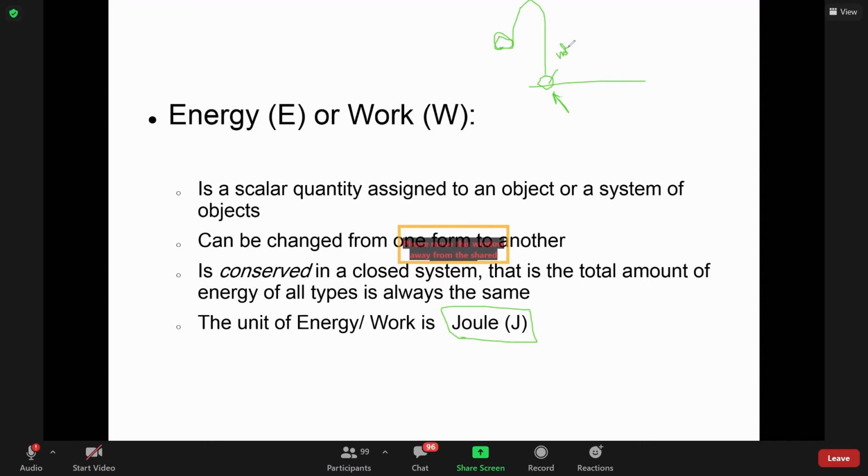All its energy, all its kinetic and potential energy that was there for that dough, suddenly converted to heat. And that's why if you touch the dough, you find it hotter than before you threw it.